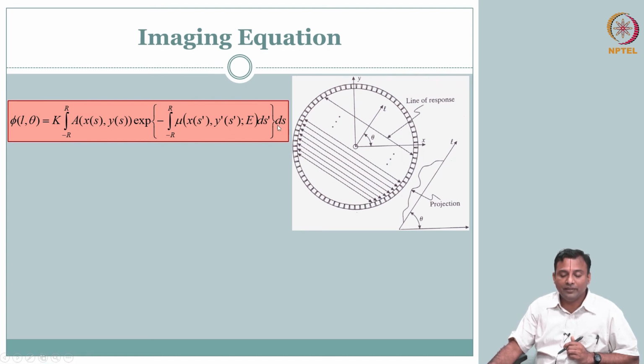That is the beauty. It is not a variable with S. Wherever the radioactivity is does not matter, it is the integral through the mu, the integral along the line from minus R to R, that is important.